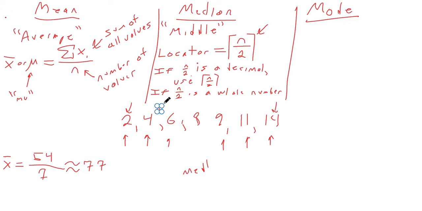So you'll average n divided by 2 and n divided by 2 plus 1. Kind of a weird way of saying that.